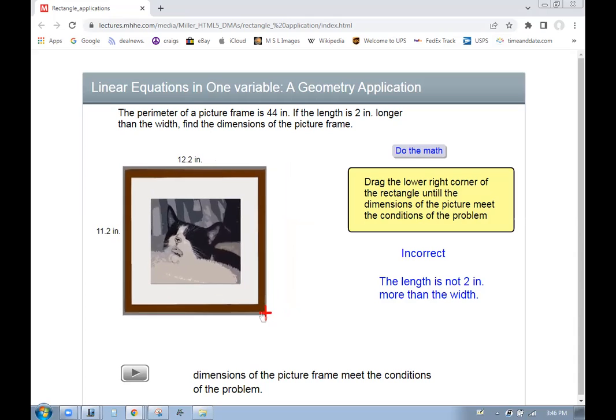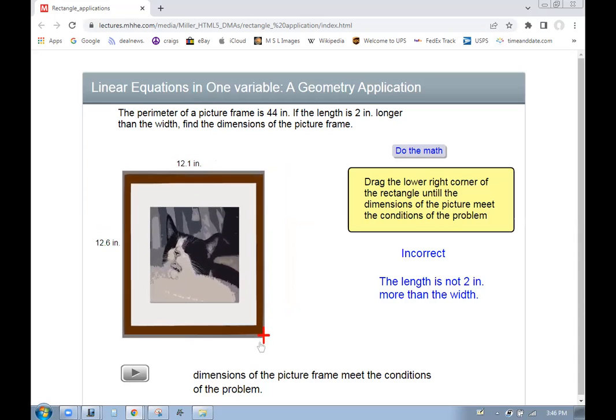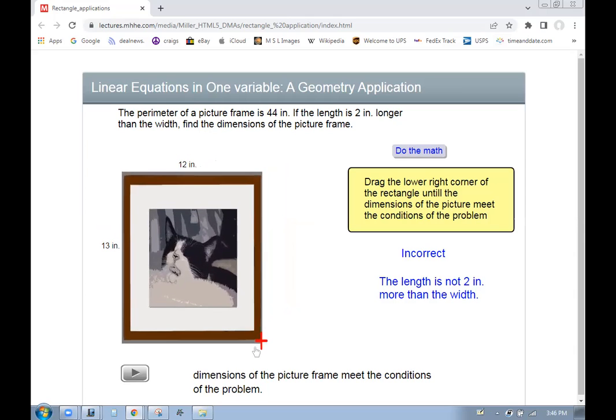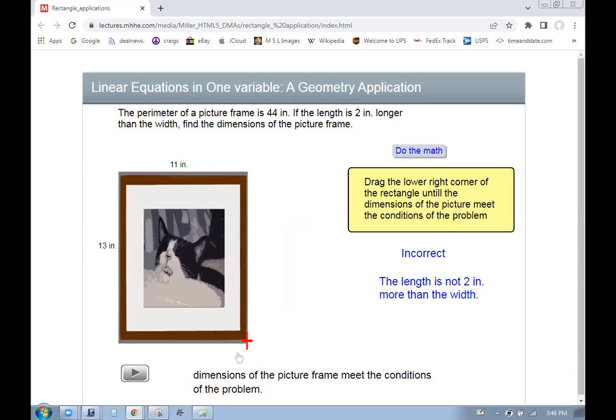So length, which one's the length? There. Well, what the heck? The perimeter has to be 44 inches. Okay.